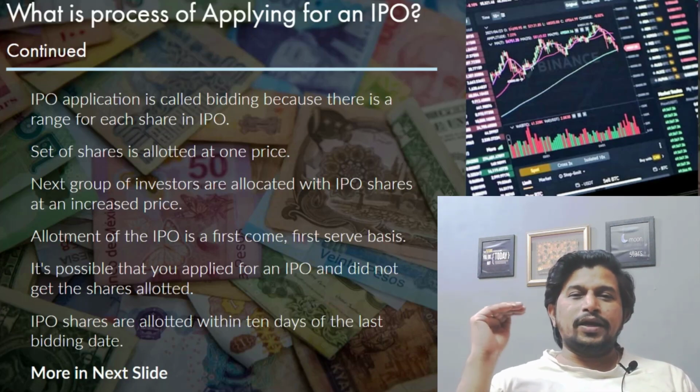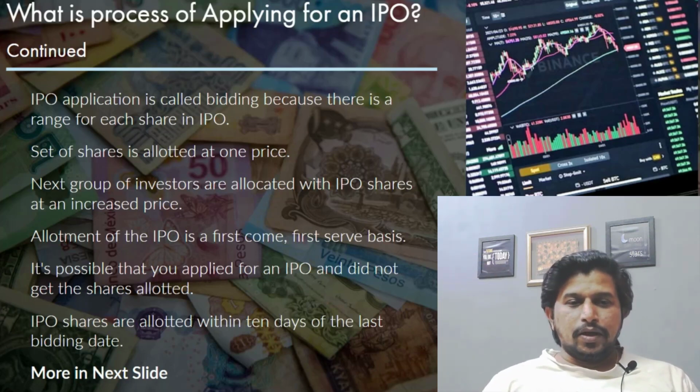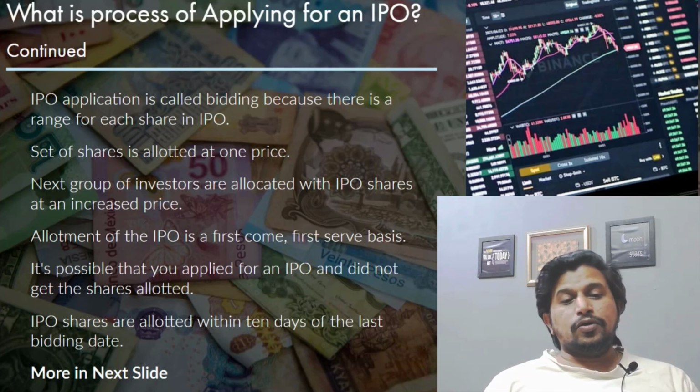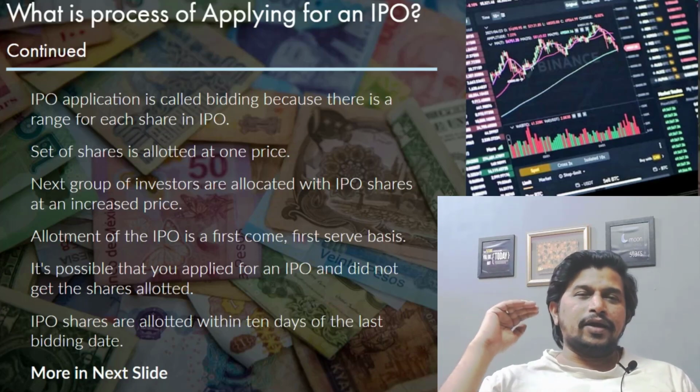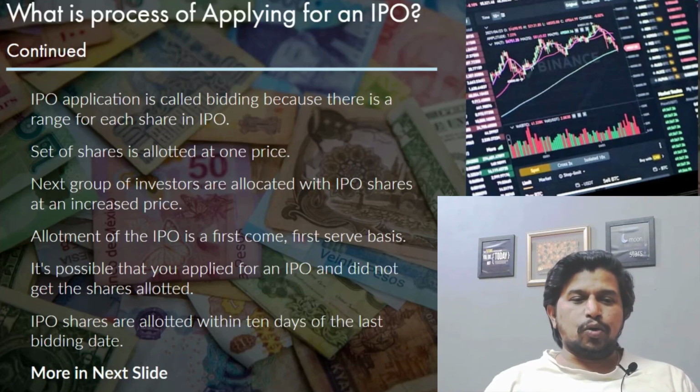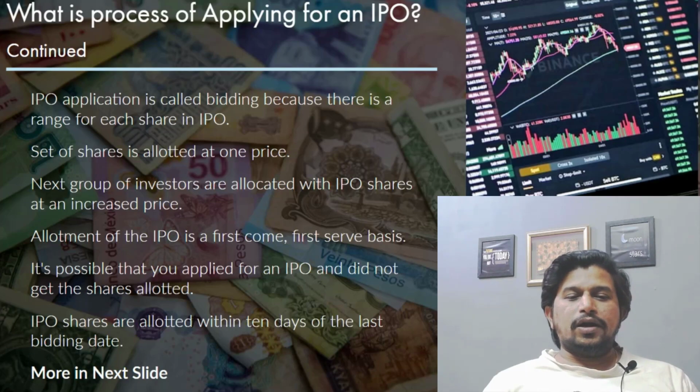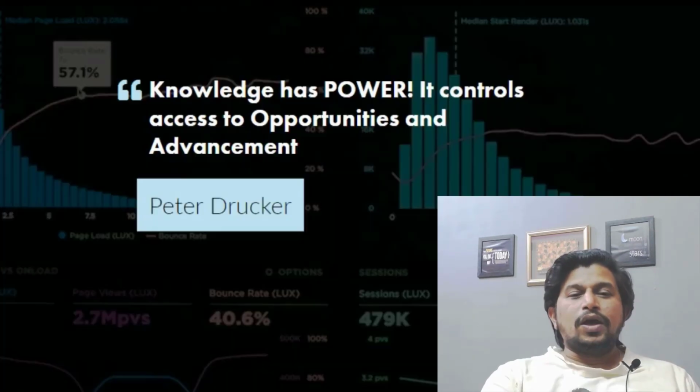Once the 480 rupees band stops, then the 500 rupees band comes up. Allotment of the IPO is on a first come first serve basis. It's possible that you applied for an IPO and did not get it because that particular band is already gone and you are not first in the group to get that. IPO shares are allotted within 10 days of the last bidding date.